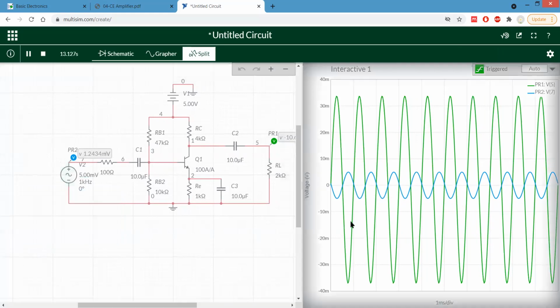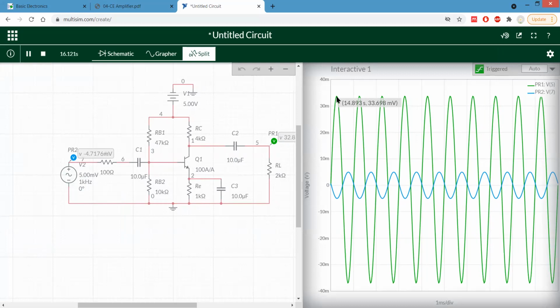From here you can see that without any doubt the signal is amplified, and it depends on how much. Roughly the input is 5 millivolt and the output is roughly 35, so it is around 7 times increasing.